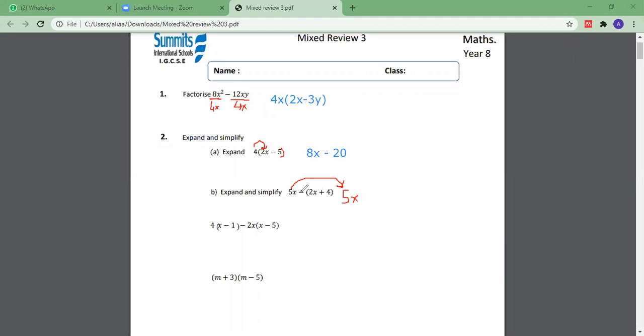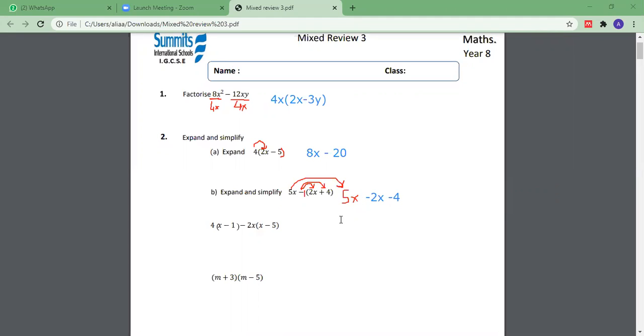Negative by its own is as if negative 1. Type negative 1 multiply 2x and negative 1 multiply 4. Okay, negative 1 multiply 2x will be negative 2x. It will change the sign. And negative multiply 4 will be negative 4.